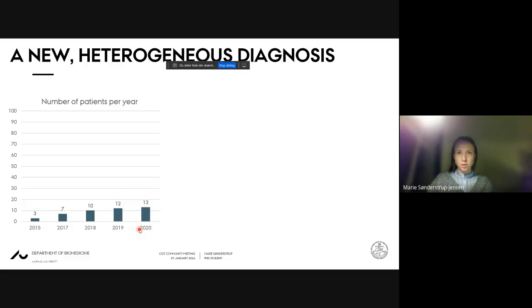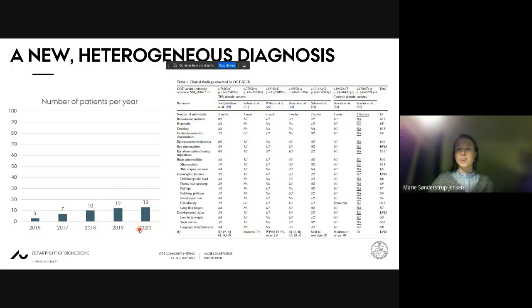There was this publication, and I'm going to show a table that is really busy, but don't get uneasy about it. What I just want to tell you is that here we have the 13 patients, and we can see that there are a lot of different organ systems that are affected. It's a very heterogeneous syndrome, but also we can see that we have lots of missing data points.